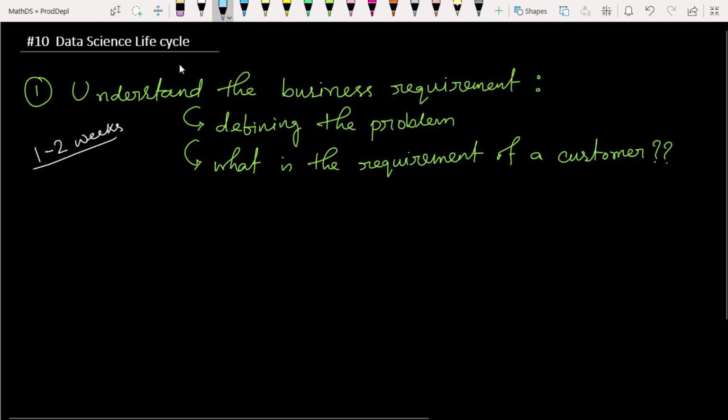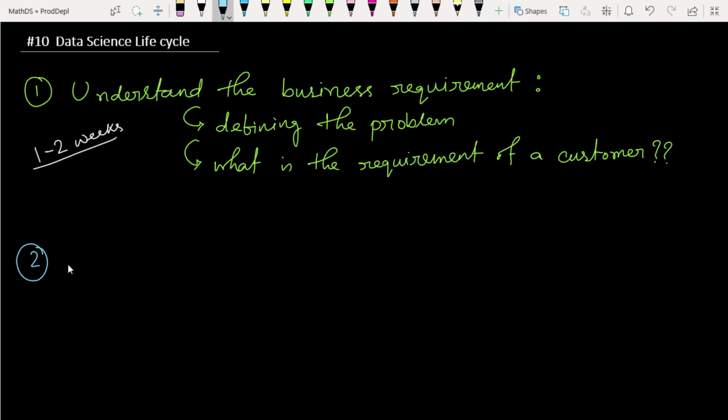Now, after understanding the business problem, the second step is that we have to acquire the data, that is, the actual data needed for our particular business problem.